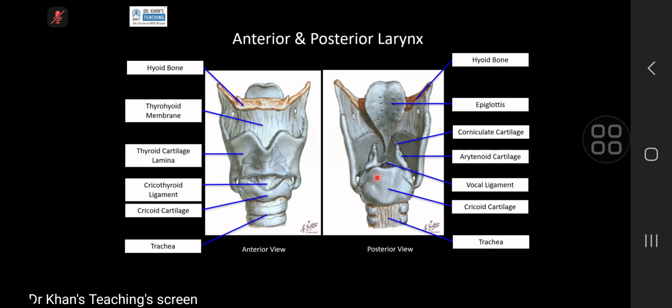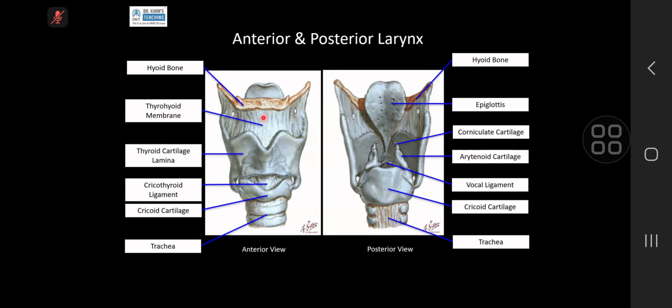This is a frontal view and this is a posterior view. In frontal view, the largest cartilage is the thyroid cartilage. This is the Adam's apple. All of you can actually palpate it on your neck. It has a lamina on each side. Superior to that is the hyoid bone.